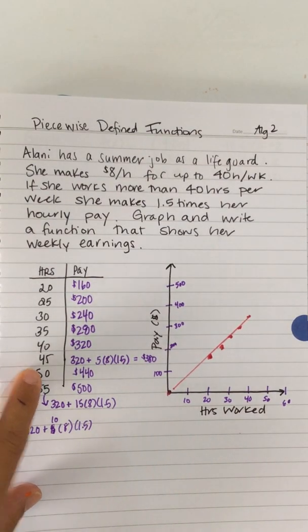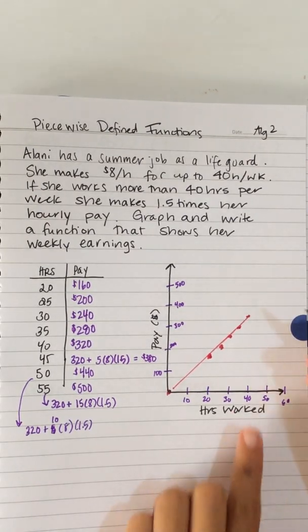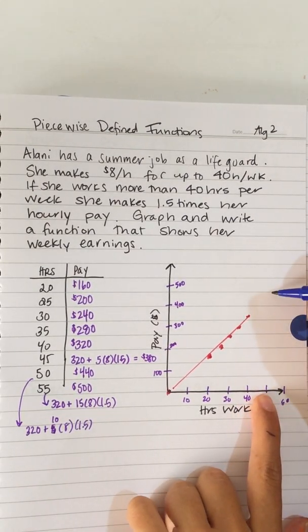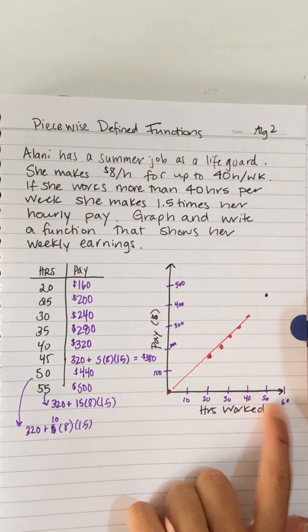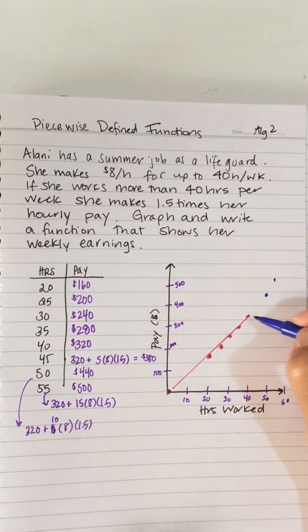But then something happens after 40 hours, so I'm going to use a different color to show that. At 50, she's at 440, so something maybe here. And at 55, she's at 500, so maybe here. And it connects here.